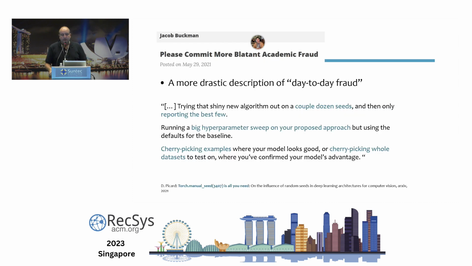And here's another blog post from some frustrated ML person who even called it a day-to-day fraud, which is a bit drastic. He said that what we do in this sort of mini fraud is we try a new algorithm on a couple dozen seeds and report the best few, we run a big hyperparameter sweep on our model but take random settings for the baselines, and cherry-pick examples or entire data sets, right? I wouldn't go that far, but this seems to be a pattern that others have observed.